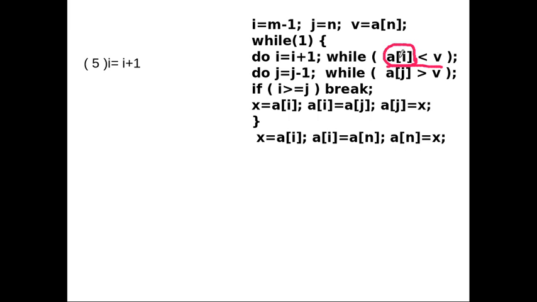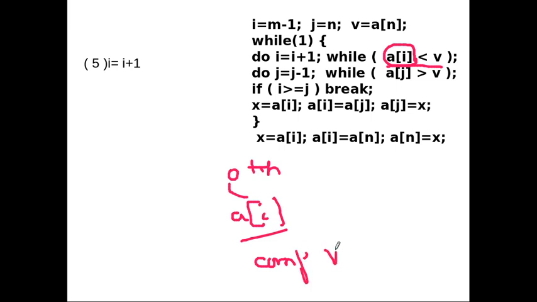If you clearly observe here, first find the ith index, second find the A of I value, third compare this A of I with V. These are the 3 operations we have.